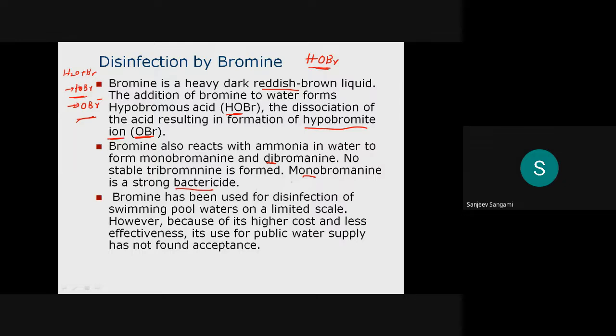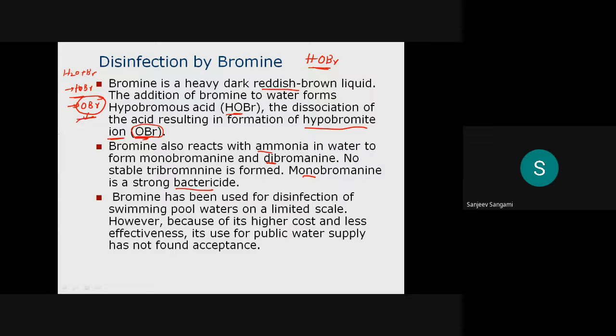See, whatever this formation we are talking about, this hypobromite ion, and later when ammonia is present, remember, it is forming OBr ion. If it is forming OBr ion, this is also a good disinfectant.